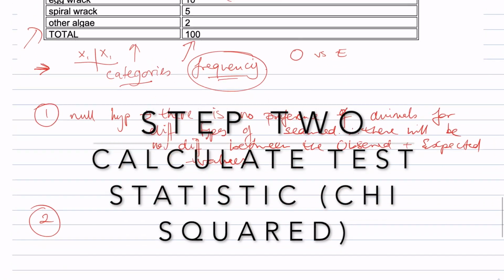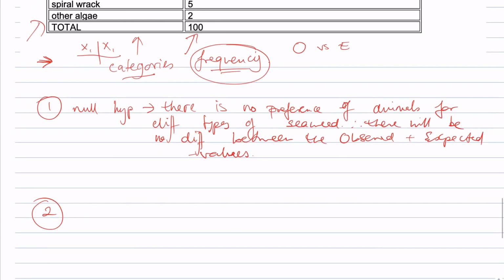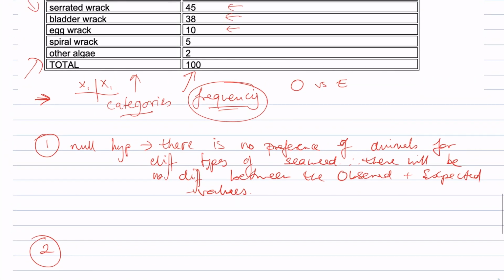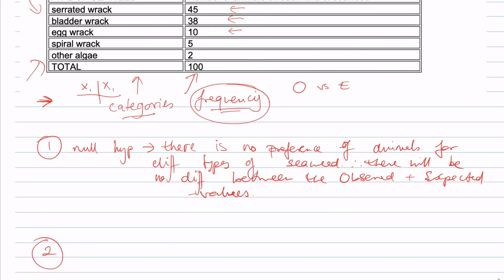Let's just remind ourselves about what the chi-squared equation is, and then we'll look back at the data and start. The chi-squared equation is the sum of the observed frequency minus the expected frequency, essentially the difference between the observed and the expected.